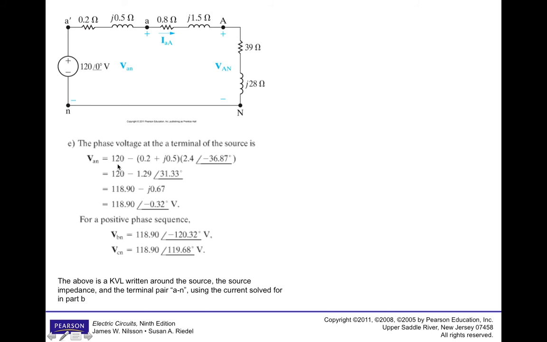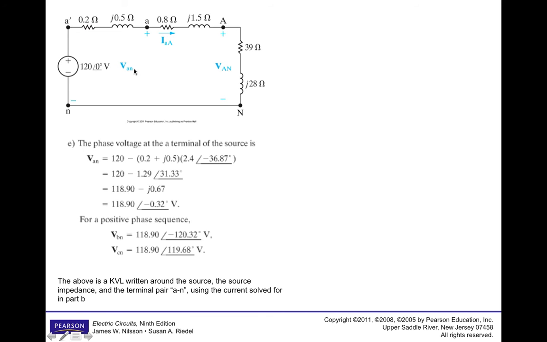So you would have this 120 as your voltage rise. This parameter here is your voltage drop across this impedance, so it's the impedance times the current, which you solved for in part B. And then you have another voltage drop from terminal A to terminal N that's equal to the voltage we actually want to solve for.